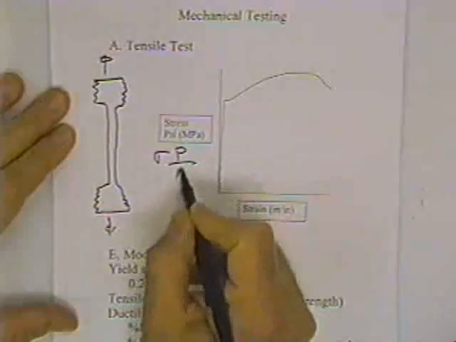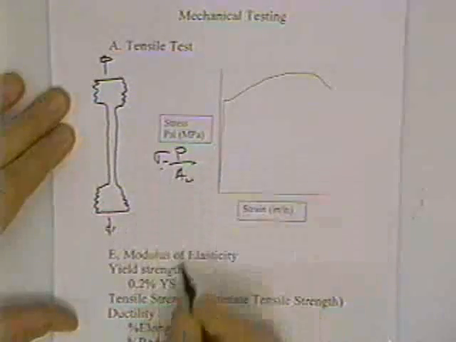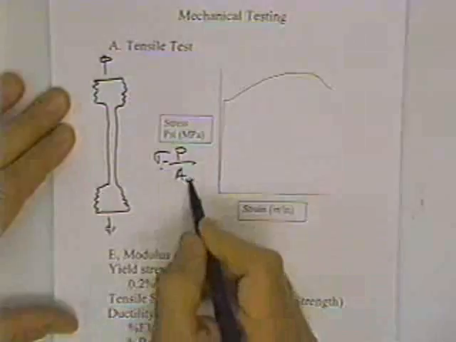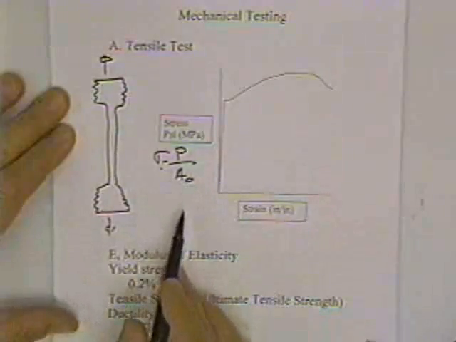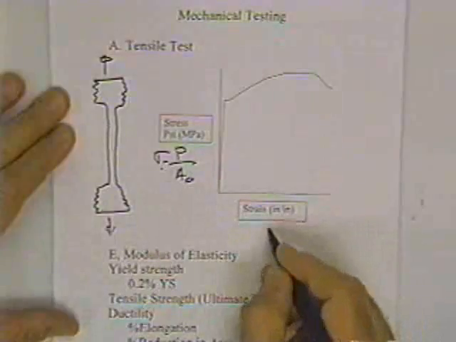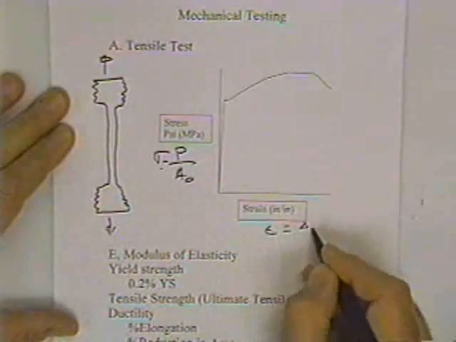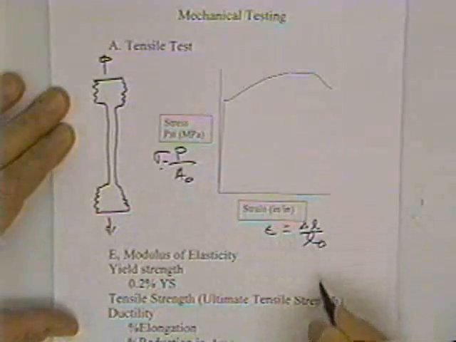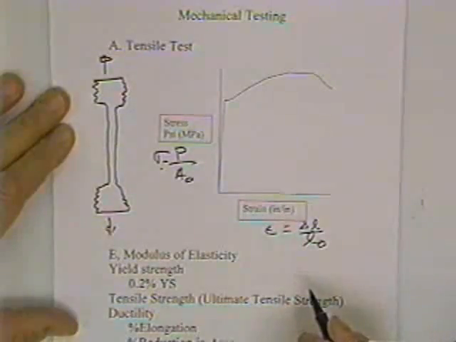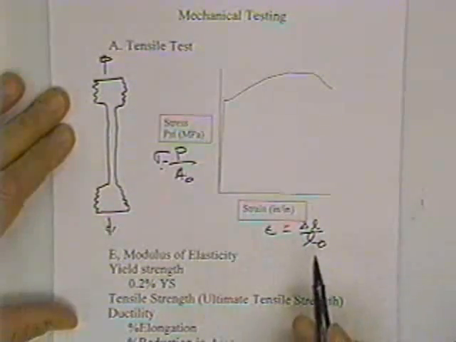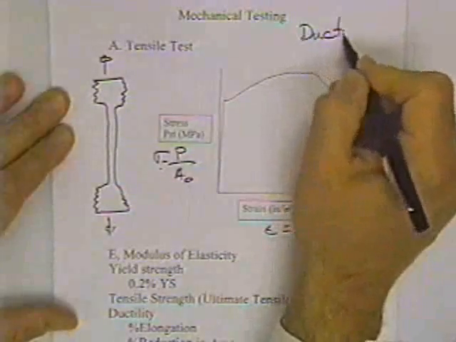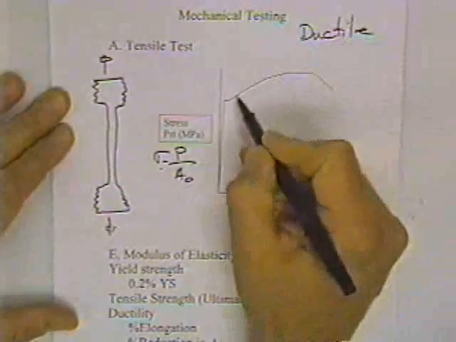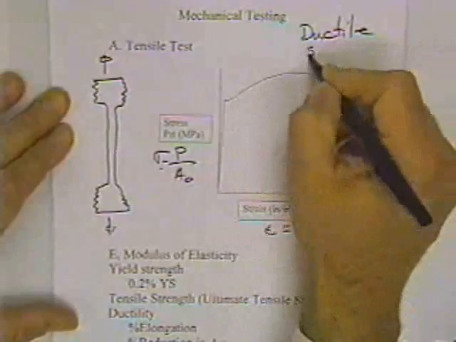This is the engineering stress-strain diagram, where we're going to divide by the original area for engineering stress, compared to the true stress, where you divide by the instantaneous area. The strain is equal to the change in length over the gauge length. And if you plot stress versus strain, this is an example of a ductile material. This has a upper and lower yield point.